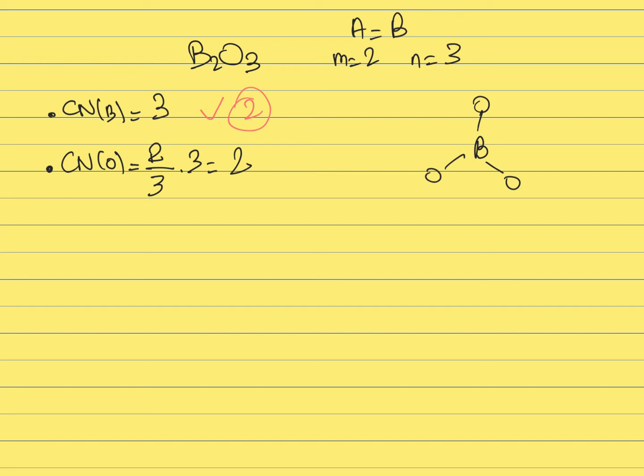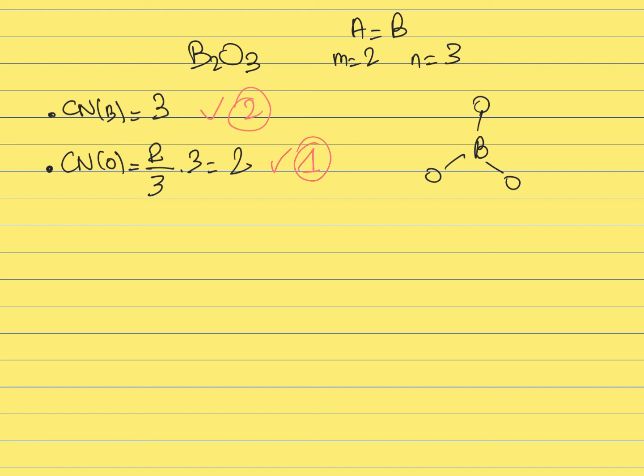So in this case, we find that the coordination number of the oxygen is 2. Just like in the case of silica, each oxygen is going to be a bridging oxygen. It's going to be connected to 2 boron. So each oxygen has a coordination number of 2. That satisfies the first rule of Zachariasen, that the coordination number of the oxygen needs to be 1 or 2.